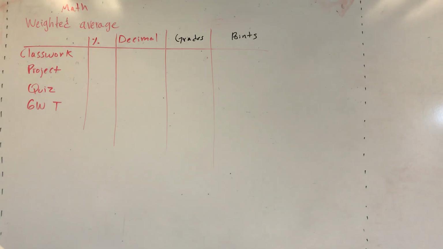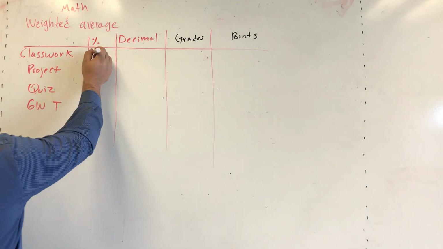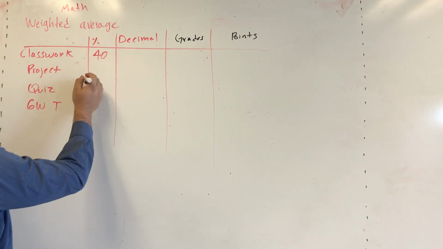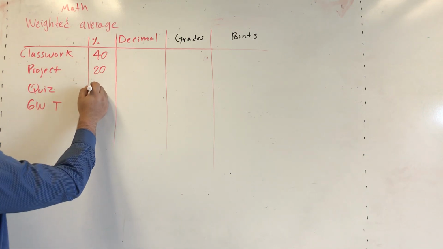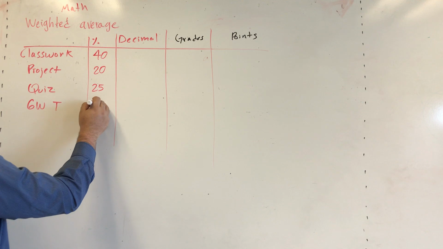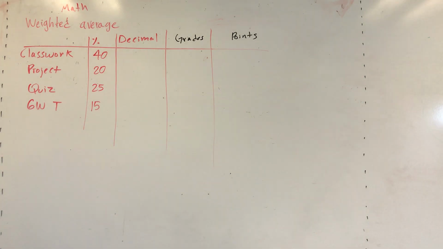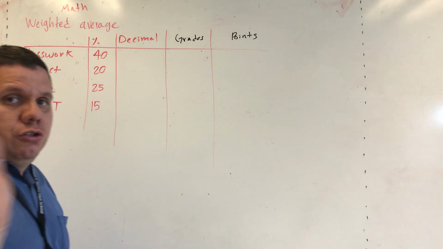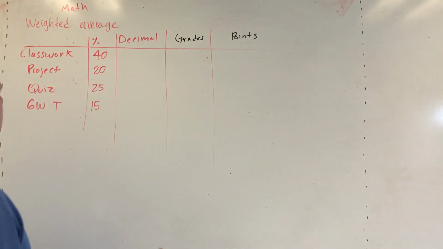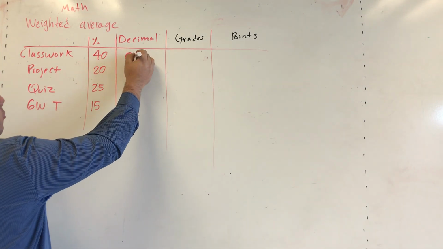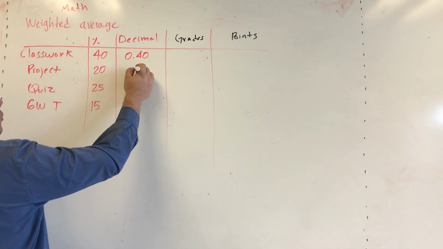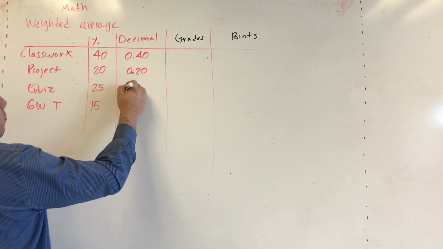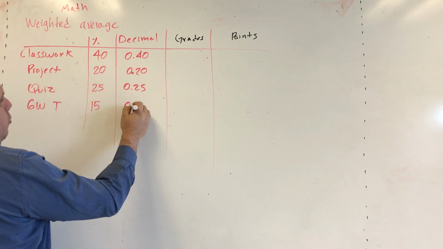Okay, so first, remember, classwork is 40% always, project is 20%, quiz is 25%, and the 6 weeks test is 15%. How do you turn that to decimal? Just divide by 100. 0.40, 0.20, 0.25, and 0.15.